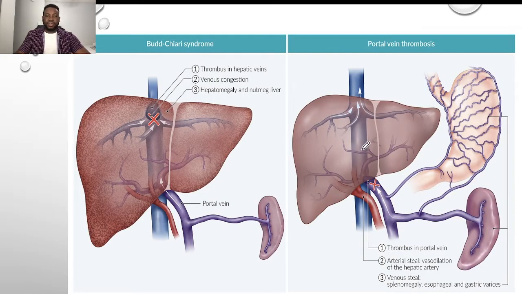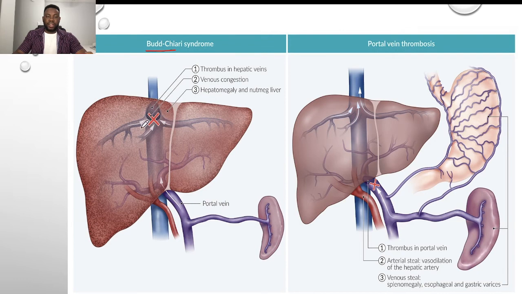Next is Budd-Chiari versus portal venous thrombosis. I'm adding this because it's very important. So Budd-Chiari is a bad guy. In Budd-Chiari, the whole liver is going to be swollen because the thrombosis is occurring in the hepatic vein, in the central vein here.